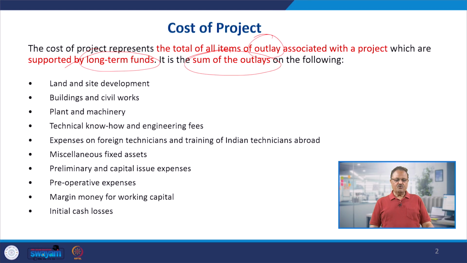And then we have to go for preparing the DPFR, the detailed project feasibility report. So we have to pay the consultants or the firms with whom we are working in preparing the DPFR. We have to pay for conducting the market survey, market and demand analysis. We have to pay for conducting the technical analysis and even the financial analysis. So all these expenses are called the preliminary expenses.